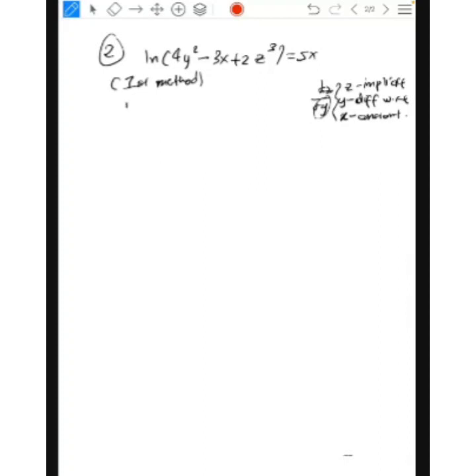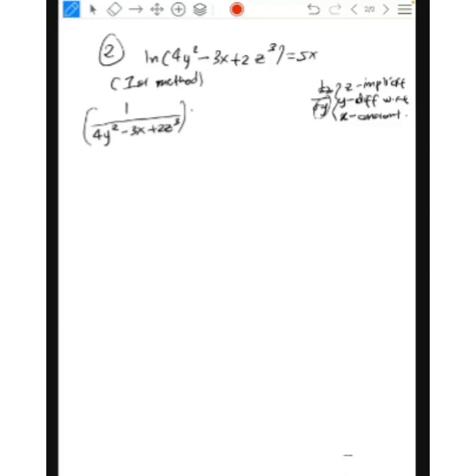Differentiate ln will be 1 over, okay, 1 over whatever is in the bracket, put it at the bottom here. Okay, and then you multiply, you differentiate the bracket with respect to y.